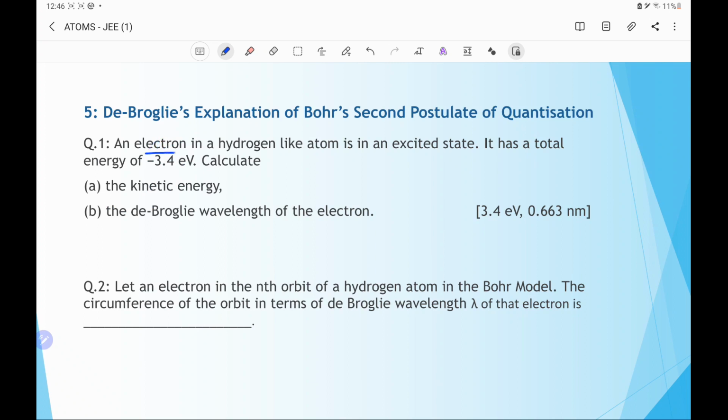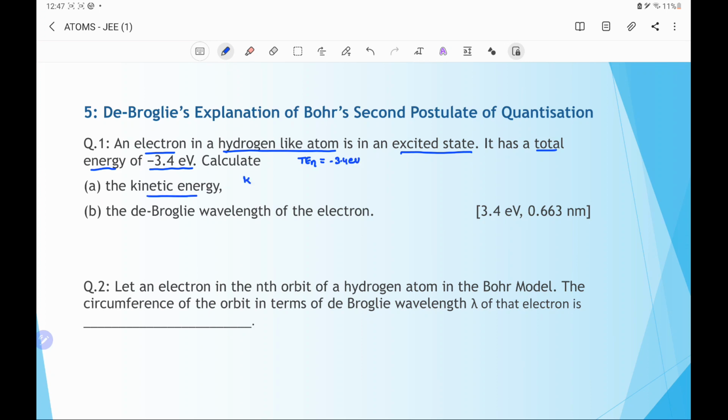An electron in hydrogen-like atom is in excited state. It has a total energy of minus 3.4 electron volt. Total energy in say nth orbit is minus 3.4 electron volt. We have to find the kinetic energy.